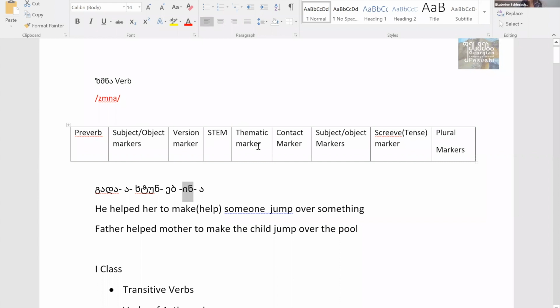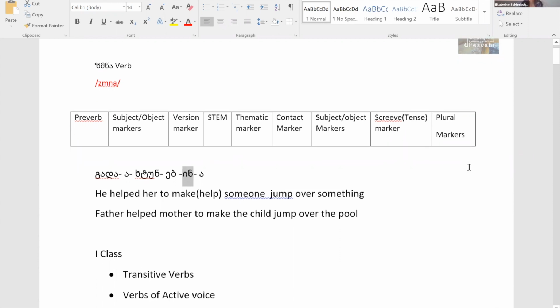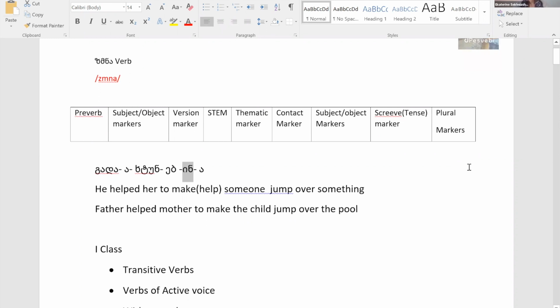Sometimes it is absent. Again, the verb can have the understanding of contact, and it can be zero. Subject-object markers at the end, sometimes they can be observed, sometimes not. Again, not all scrive markers are present all the time. And plural markers, the same with plural markers. So my point is that not all verbs in their forms and conjugation have all these categories.